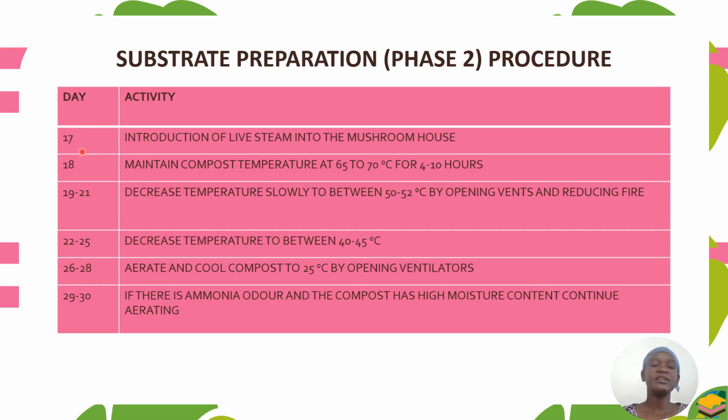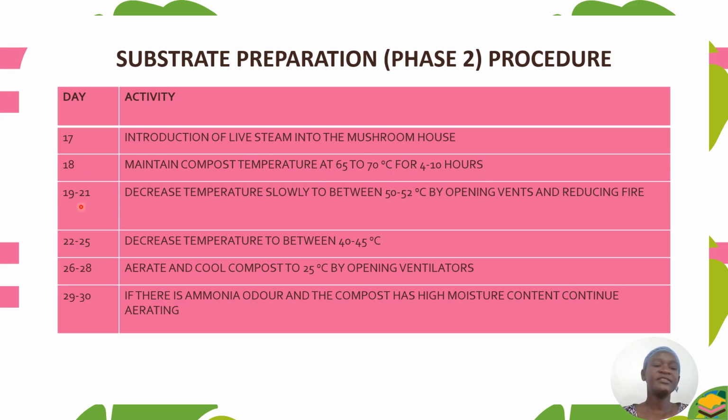On day 17, there is introduction of live steam into the mushroom house. And on day 18, you maintain compost temperature at 65 to 70 degrees Celsius, at least for 4 to 10 hours.